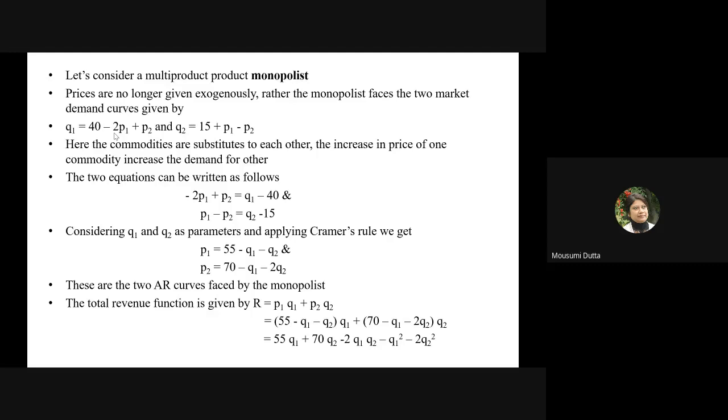When you consider the MR and MC, you need to take the derivative in terms of Q, not in terms of P. So if you get the equation in this form, first you write the equations as P1 as a function of Q1, Q2 and P2 as a function of Q1, Q2. Okay. So in the first few steps, you have to do this. You need to write P1 as a function of Q1, Q2 and P2 as a function of Q1, Q2.